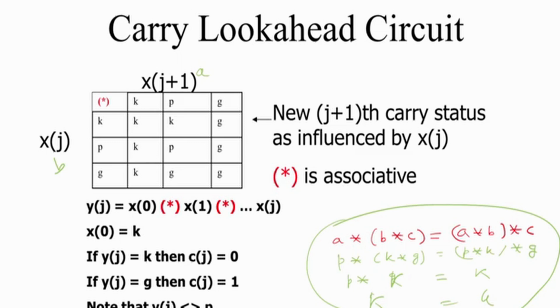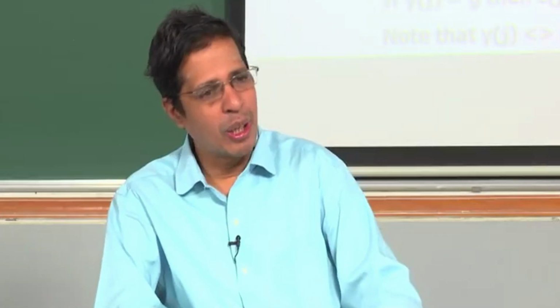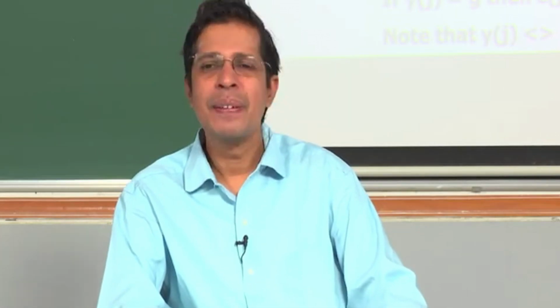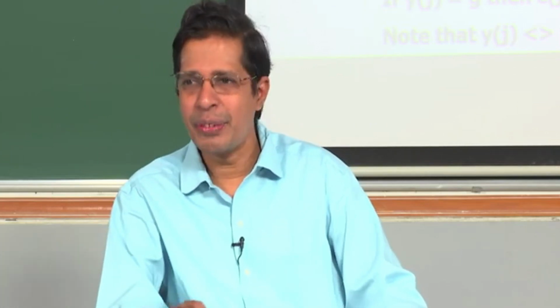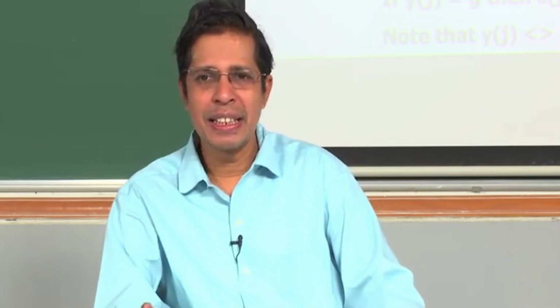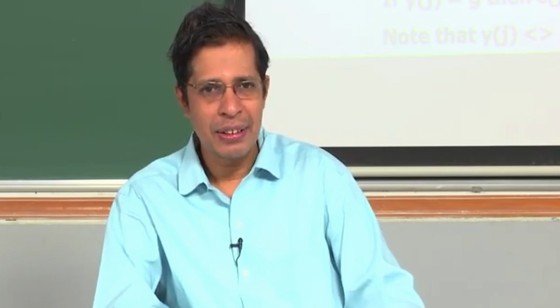So, the moment I get these 2 bits, the A and B, in constant time I can generate the status, namely the x values, and once I have the x values, in log n time I can basically generate the y values. The moment I have the y values, then I can generate in constant time the carry, right.